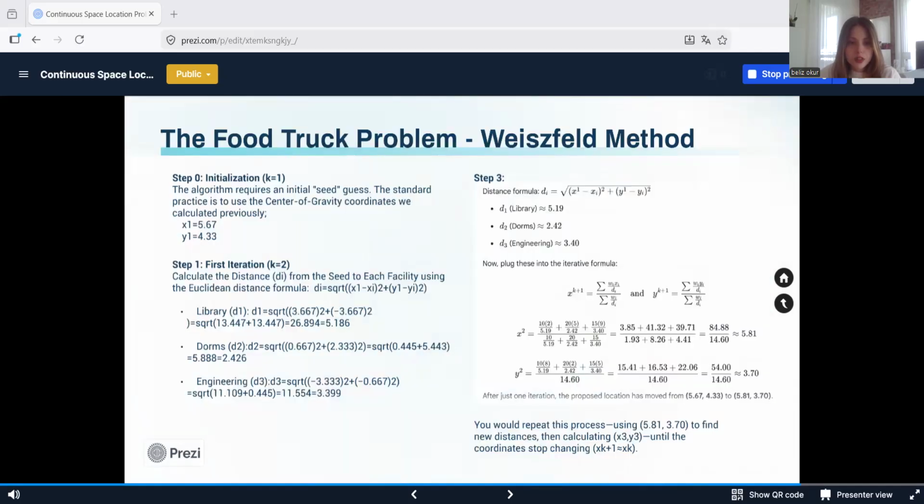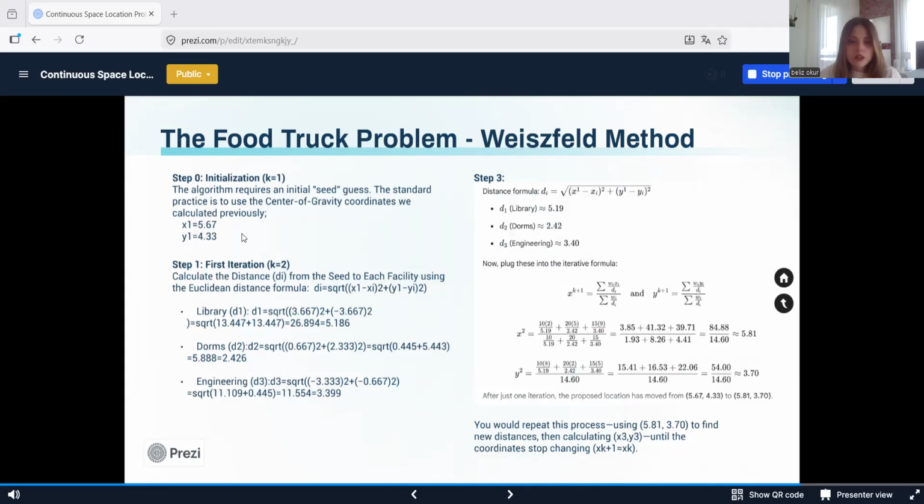In here, again, food truck problem. Step 0 is we start with our first guess, the gravity method points we found in the other example. X1 is 5.78 and Y1 is 4.33. Step 1 is the first iteration step.